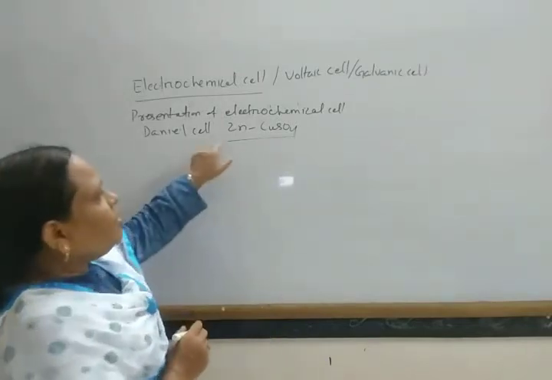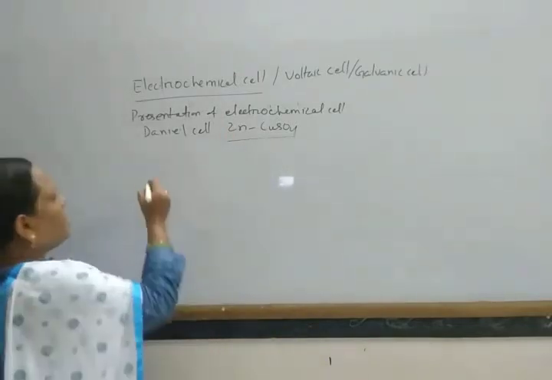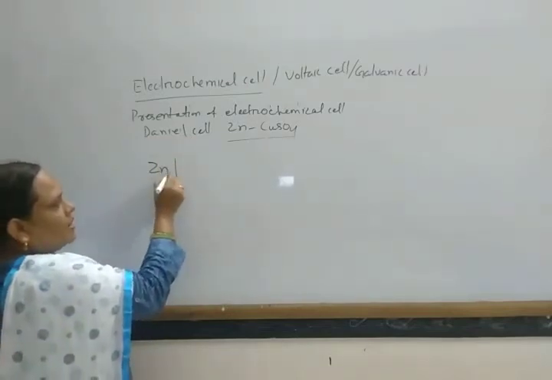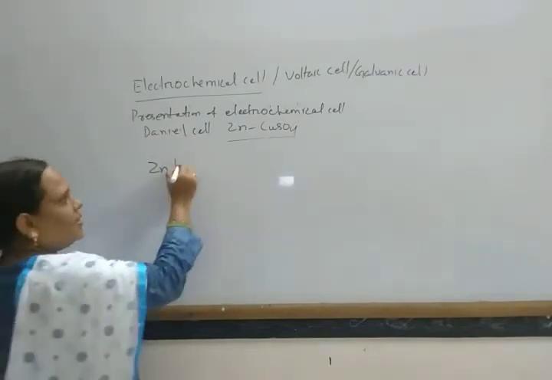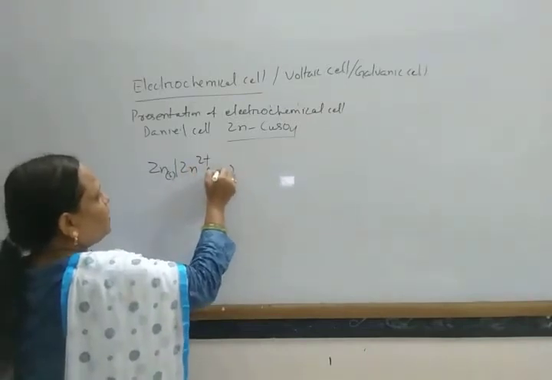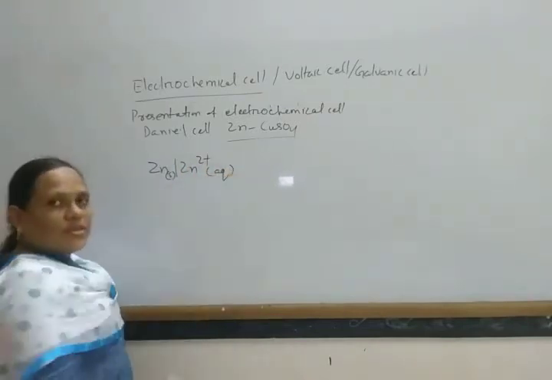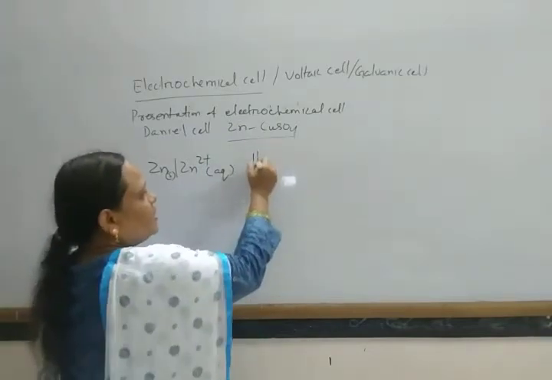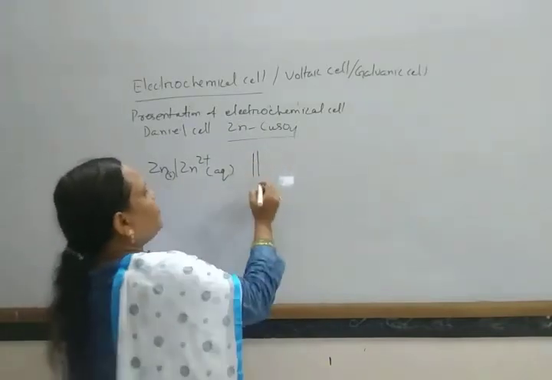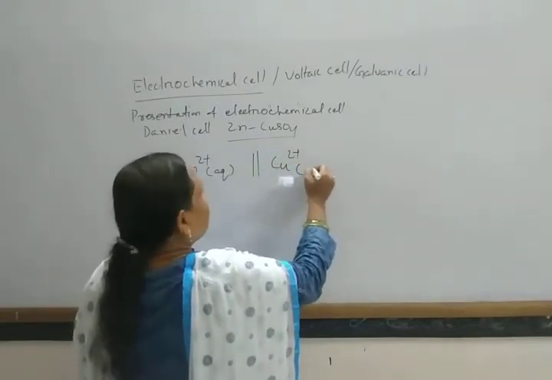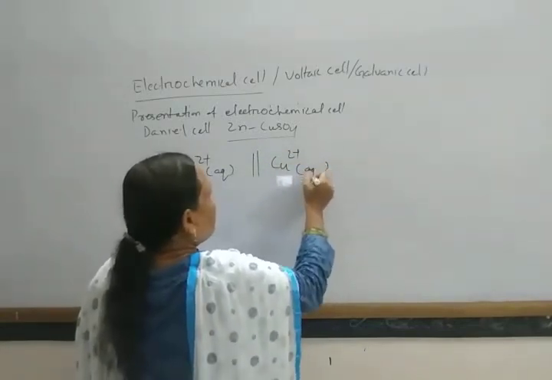For example, for the zinc and copper sulfate system, this is written as Zn. This is in metallic form, so I can write solid. Then Zn2+, in aqueous form, or if the concentration is given, then that is written. Then the salt bridge. Then Cu2+, in aqueous form.